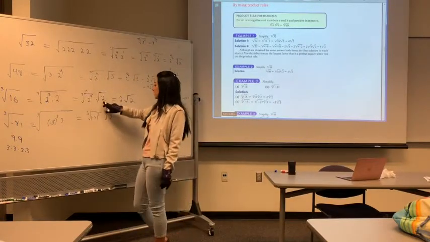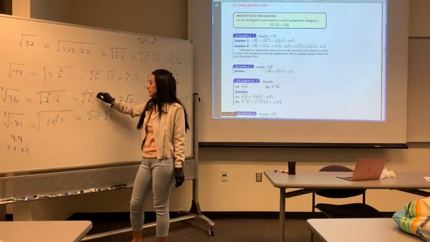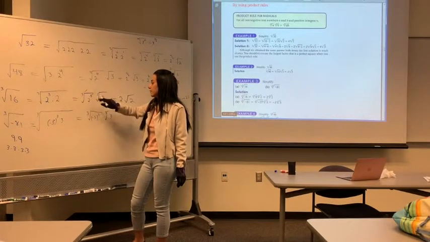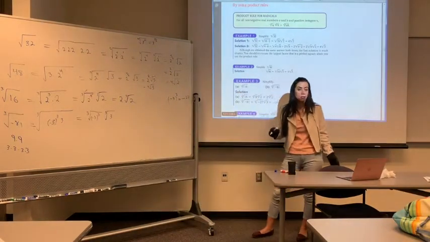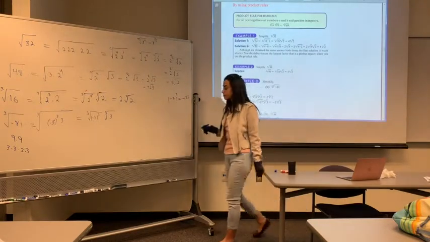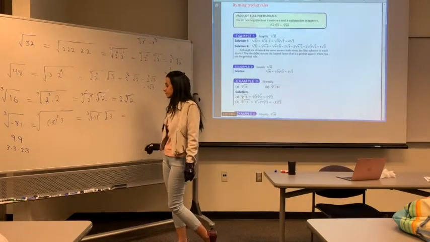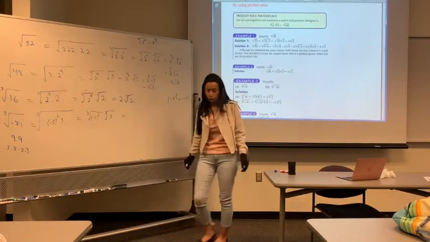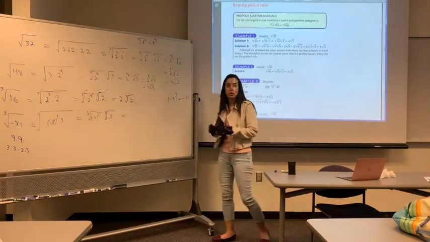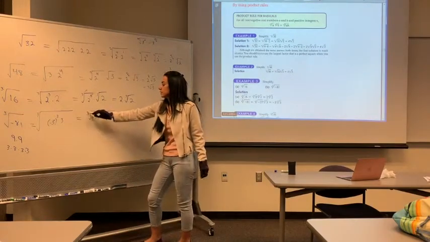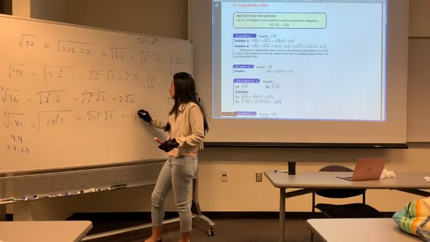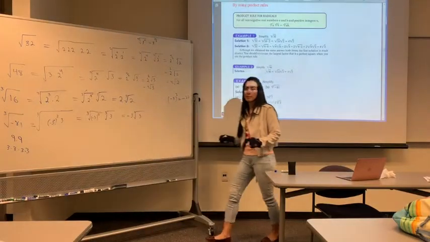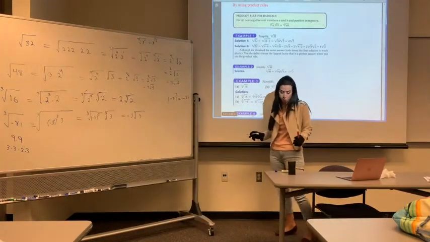Oh, look at this, here I forgot to put the index 3 on the second radical. If we separate them, both of them should have the same index. So now this one cancels with this one. Negative 3 comes out, but we cannot bring out the other 3 from the radical.